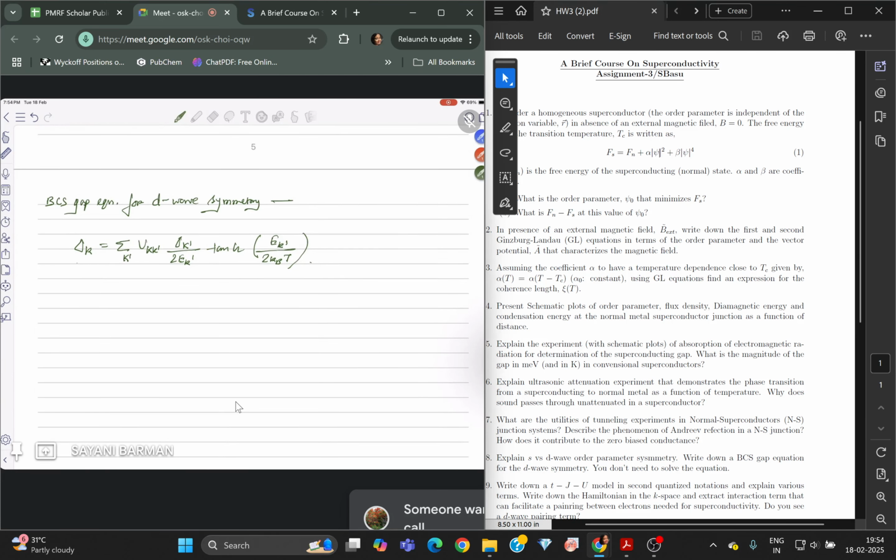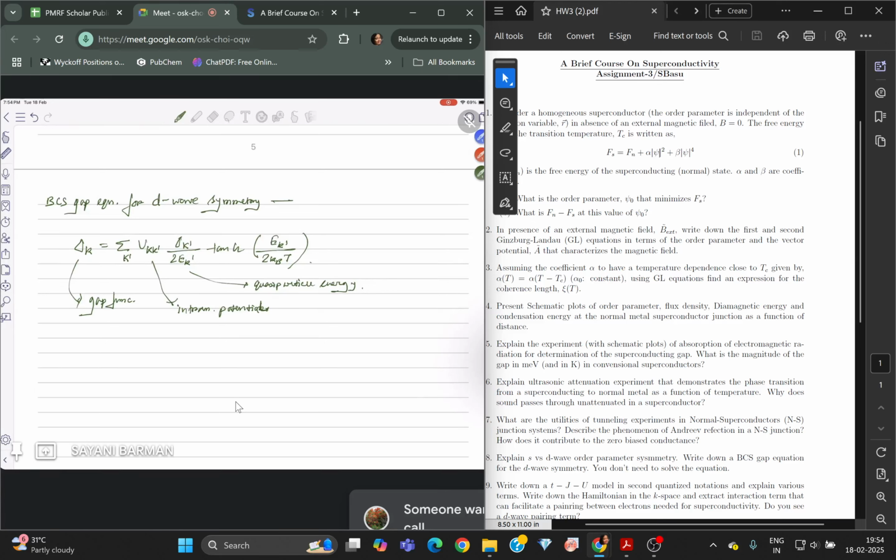V_kk' is the interaction potential. E_k is the quasi-particle energy. And k_BT, of course, is the thermal energy term, right?